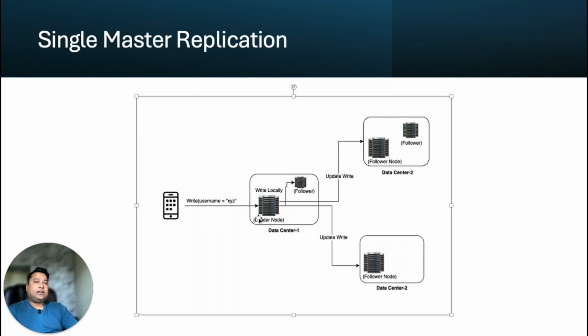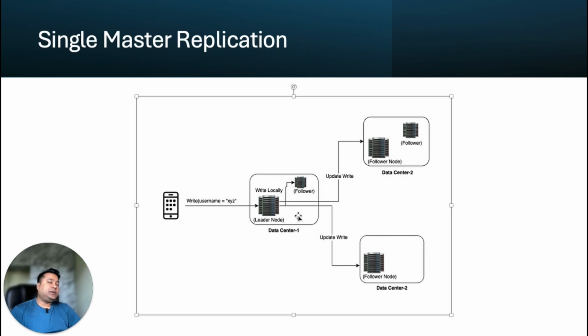Now it's a conflict situation, right? Which value is the correct value? That's the conflict problem, and it's a bigger issue in the multi-master replication setup. You will always end up having conflicts.